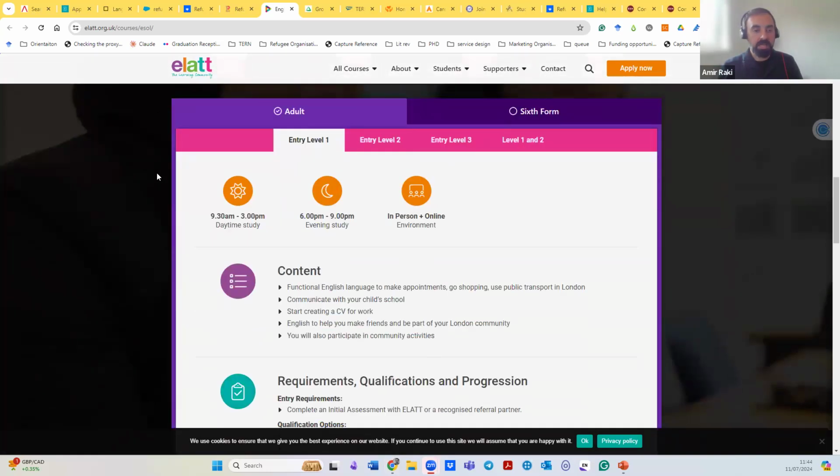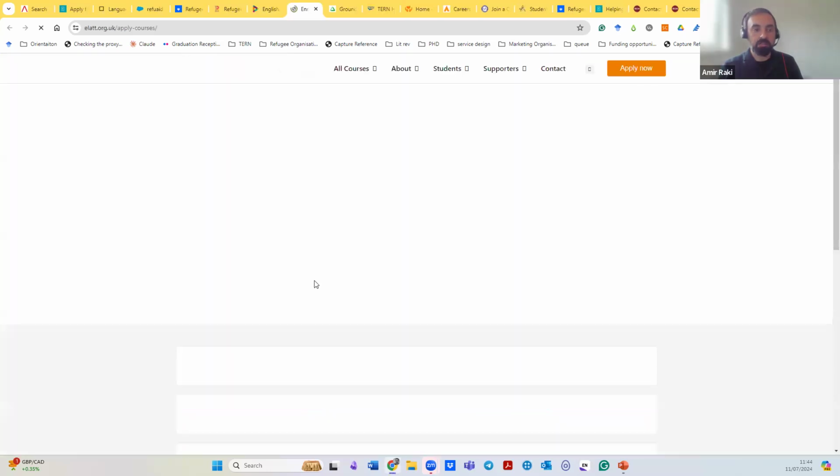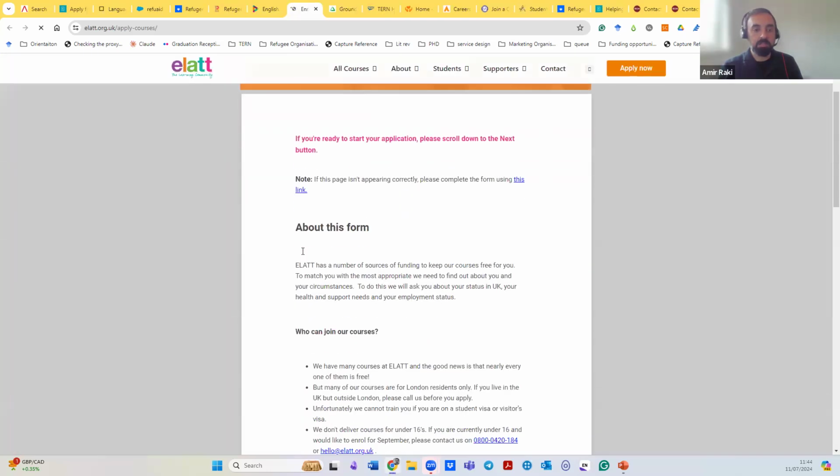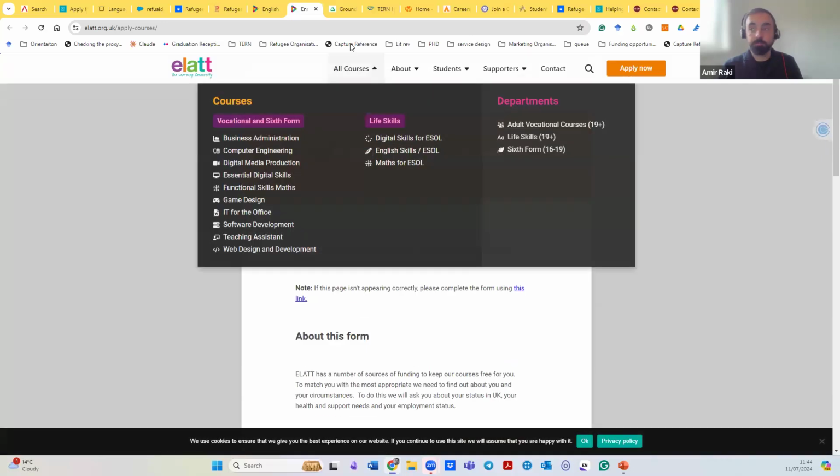They have level 1, level 2, entry level 3, and you can just see different courses and apply online, which makes it easy for you. There is an online form that you need to submit and they come back to you.